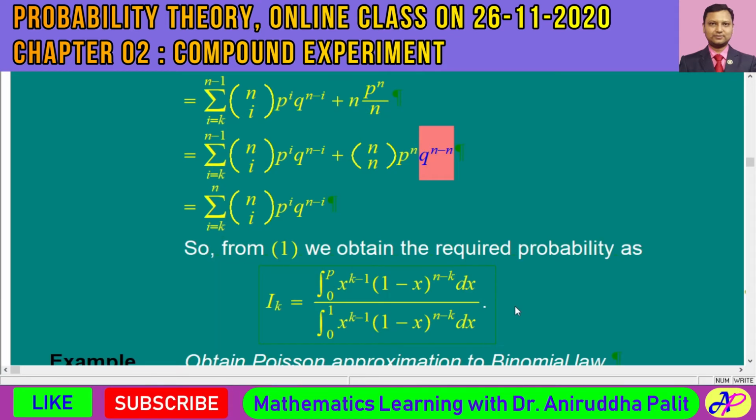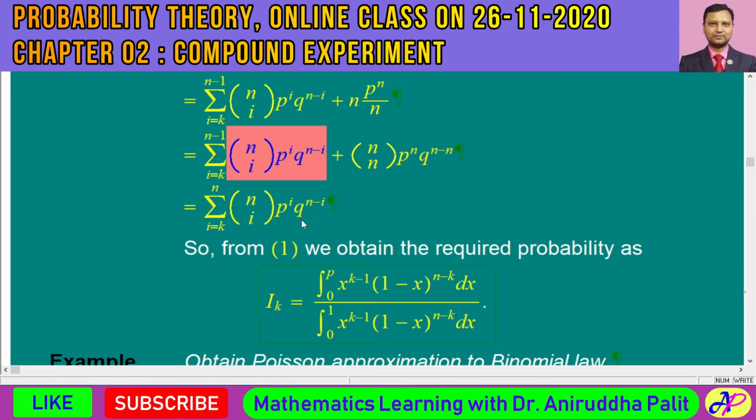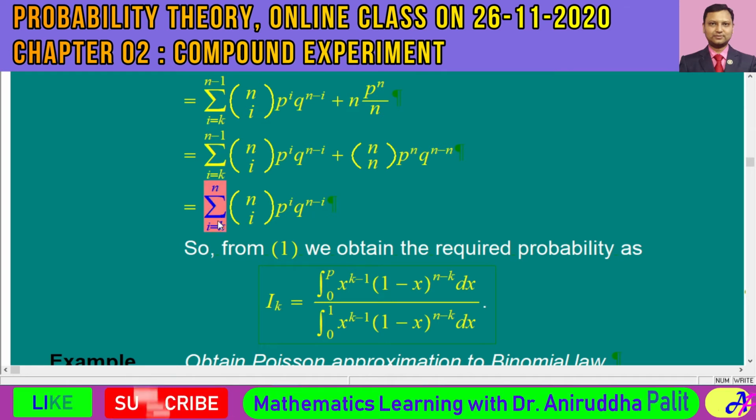We're just expressing this one in order to match with this kind of expression, so that ultimately in the next line we can write this summation is equal starting from k up to n.